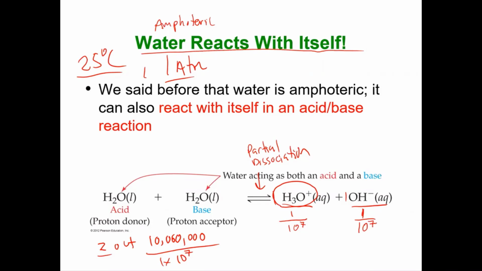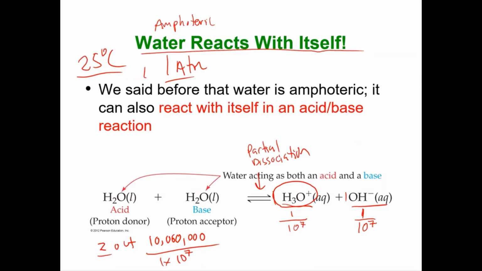out of 10 million. But typically in exponents, we don't want exponents in the denominator. So how would I make 1 out of 10 million, but put it in the numerator? What's the rule for exponents? How do I do that again? What do I change the value to? Instead of positive, it becomes negative?